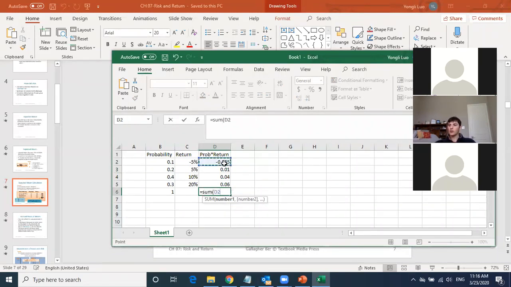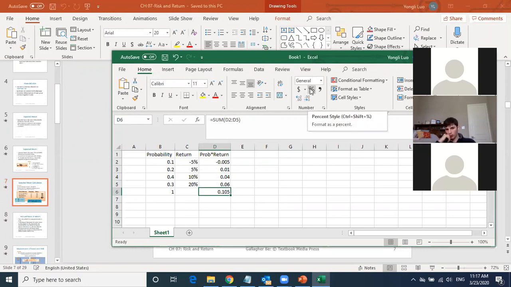You use a sum function in Excel, and click enter. You see that it is 10.5%. Or in Excel, you click on percent, and it changes to percentages.